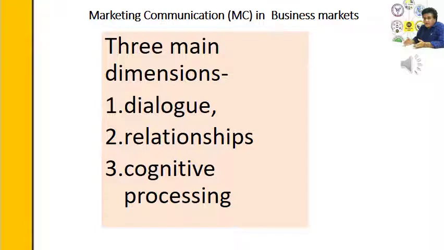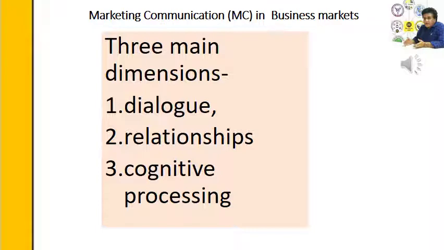So there are three main dimensions of marketing communication. It is called dialogue. Dialogue means it wants to initiate a dialogue, which is a two-way communication process, and it wants to establish a relationship between the buyer and the seller. And the third dimension is a cognitive processing function. That means the seller, while he communicates with the buyer, also learns, and in the process he can change his messaging.